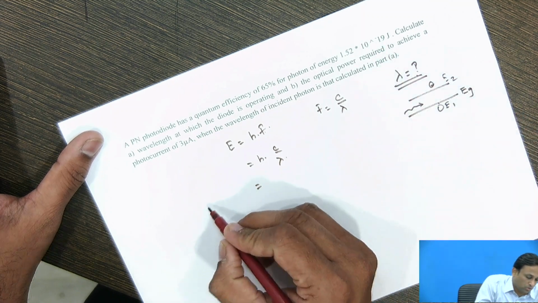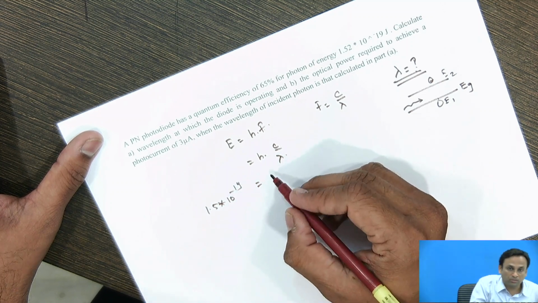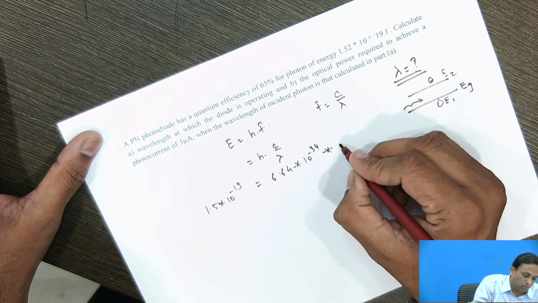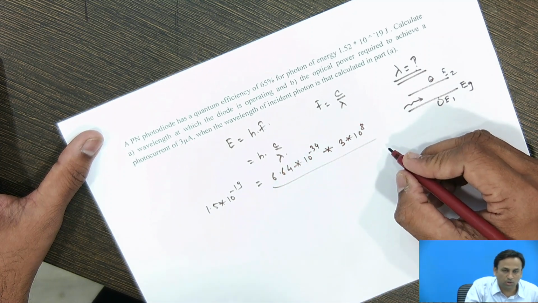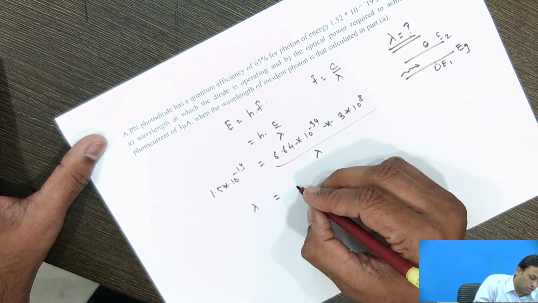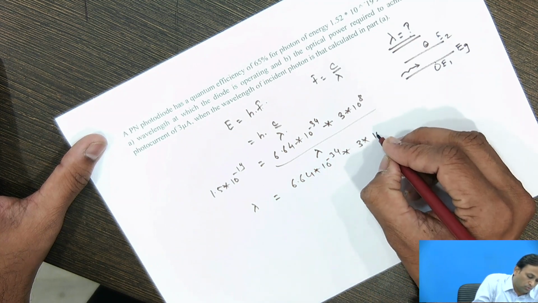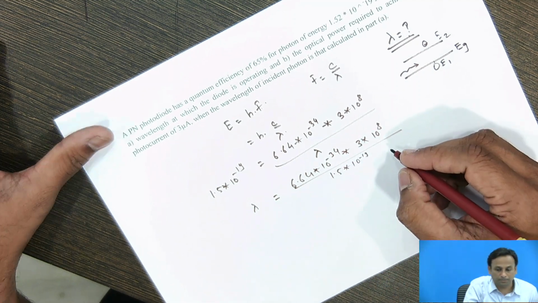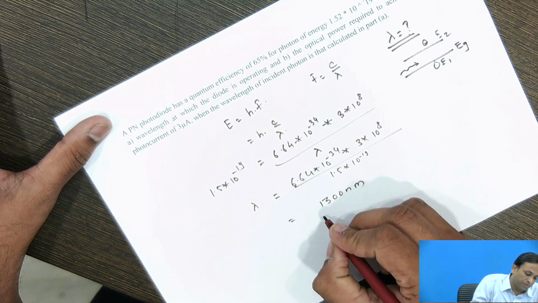H is Planck's constant, 6.64 into 10 raised to minus 34, and c is the velocity of light, 3 into 10 raised to 8 meters per second. So lambda equals 6.64 into 10 raised to minus 34 into 3 into 10 raised to 8, divided by 1.5 into 10 raised to minus 19. If you calculate this, it comes to be 1300 nanometers.